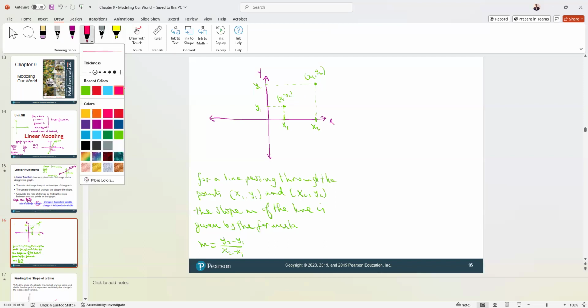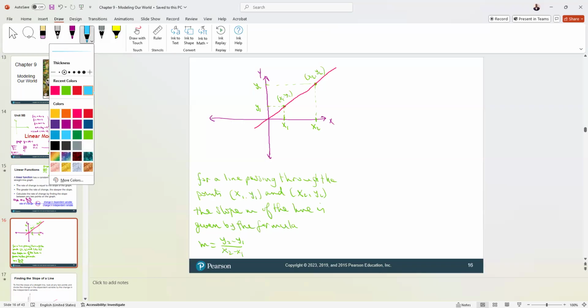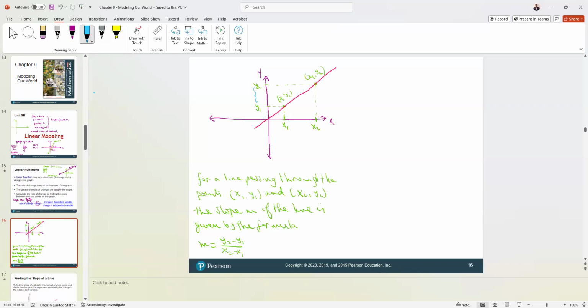If you graph between these two points, as you can see, there is a change in those numbers. Between the two values of y, that's change in y, and there is a change between the two values of x, so it's change in x.